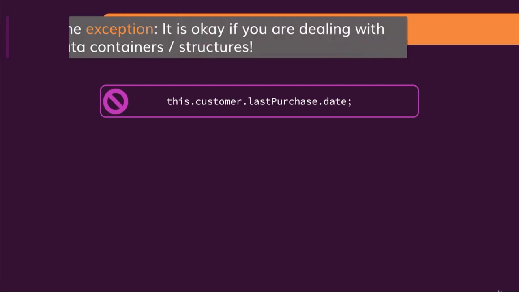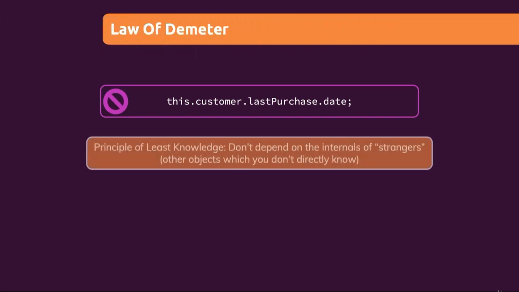Now, why is it discouraged? The law of Demeter is in the end about the principle of least knowledge, which means your class shouldn't rely too much on the internals of strangers, of other objects you are interacting with in your code. In this example, customer would be a class property, so interacting with it is fine, and accessing last purchase is fine, but last purchase now is kind of a stranger.